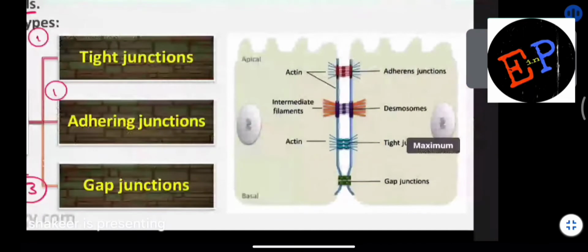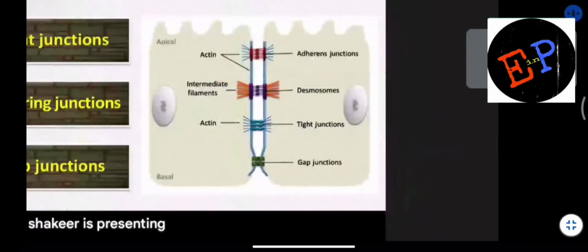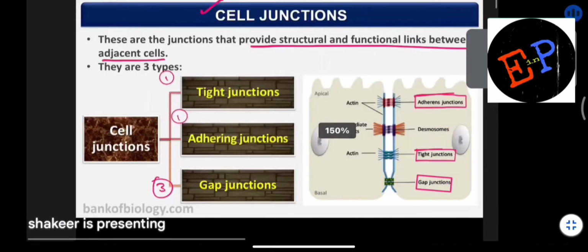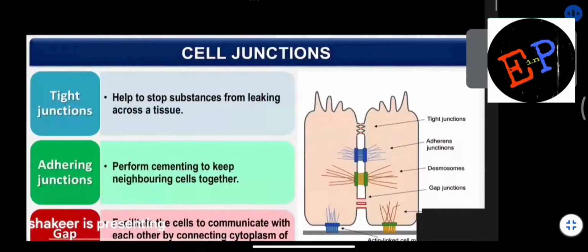Here in the figure you can find how a gap junction appears, how a tight junction appears, and how an adhering junction appears. Now let us see the function of each of them.